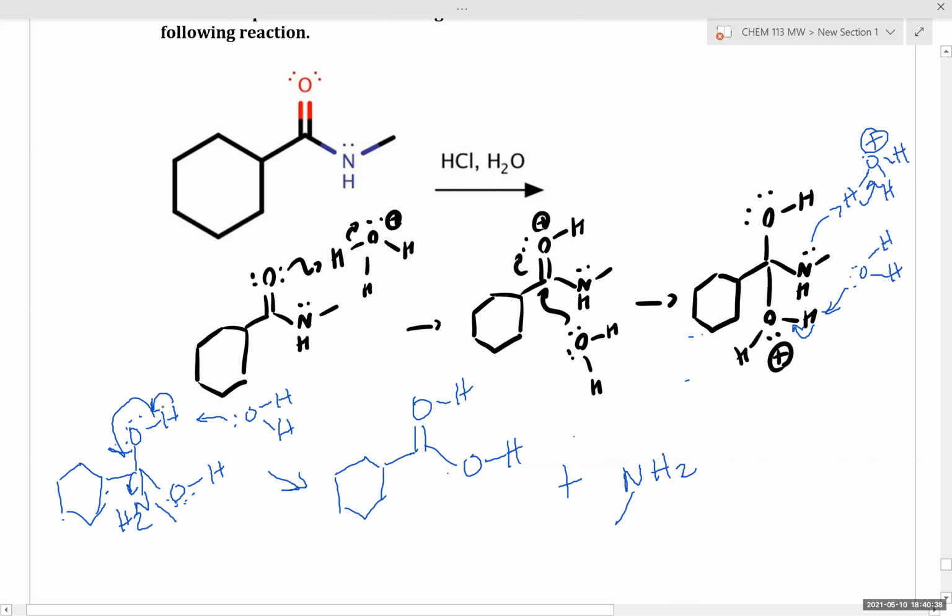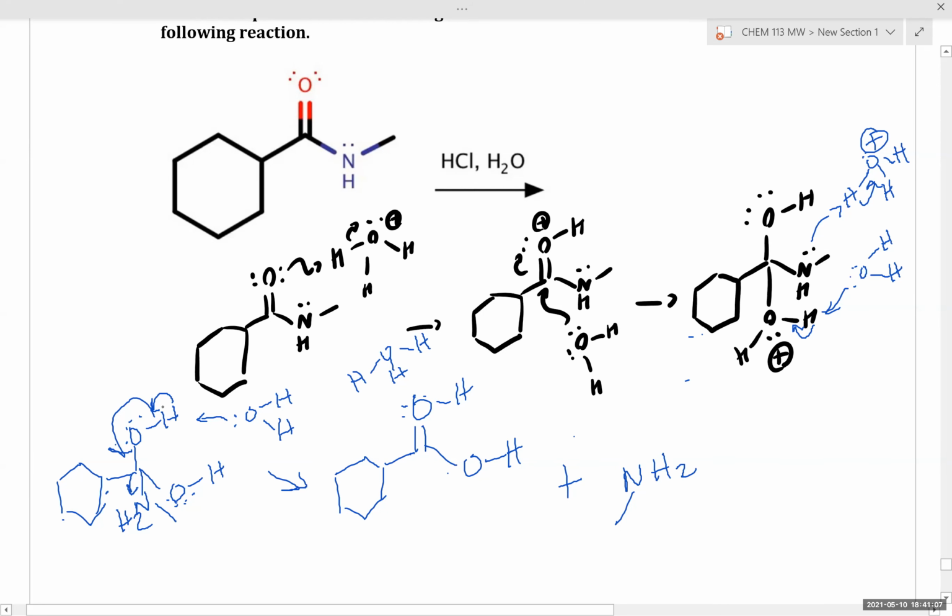What's the last step? How do we get a neutral isolable product? What's our last step? Not quite protonation. We already have this carboxylic acid that's protonated.